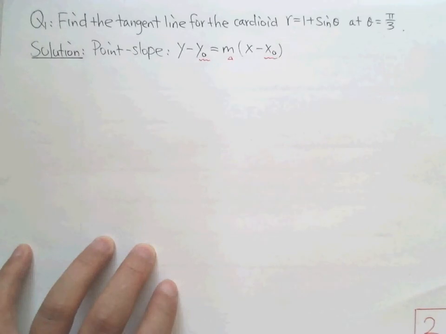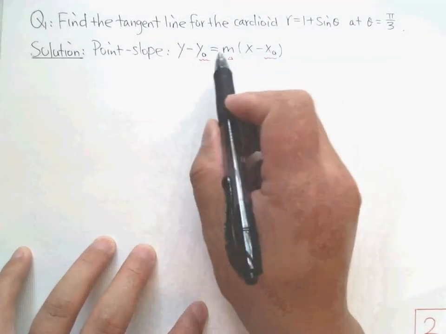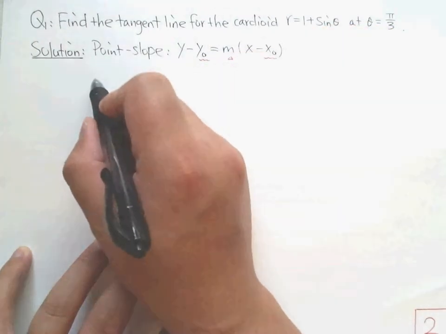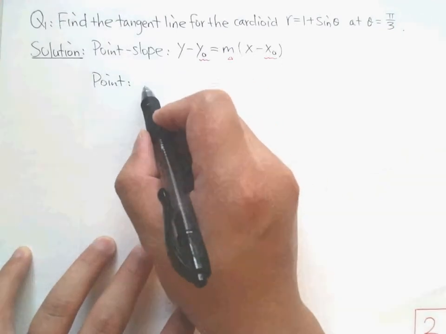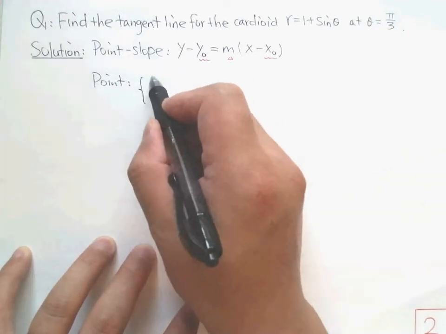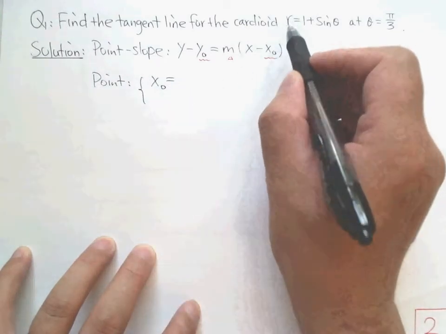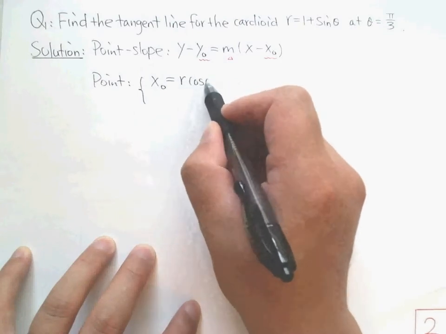And then what to do? I'm going to find the point first. It's easy to find the point. What is x0? Remember the formula, x is r times cosine theta, right?